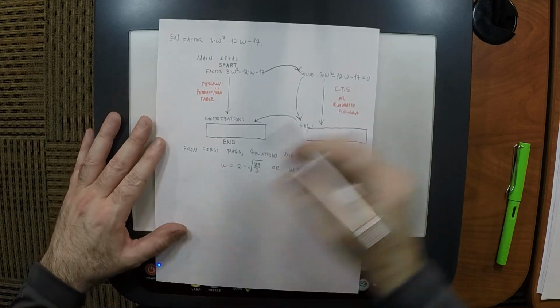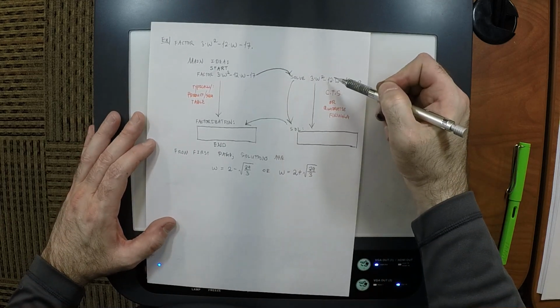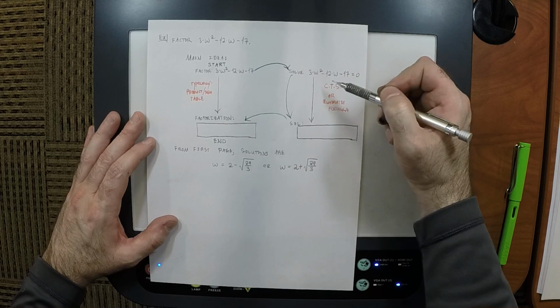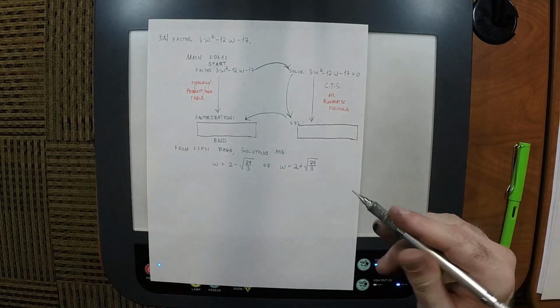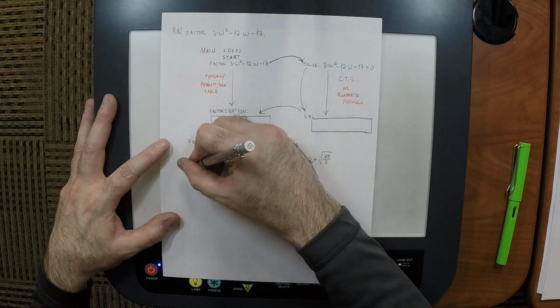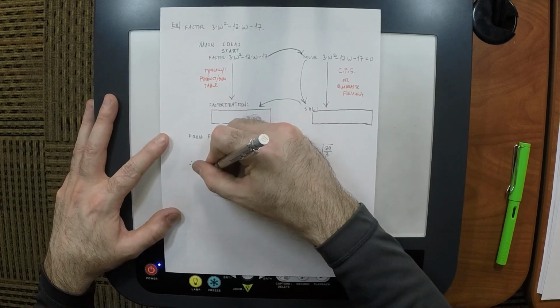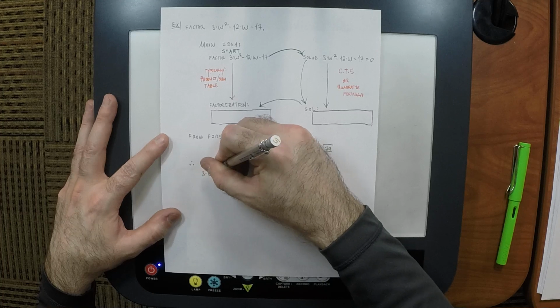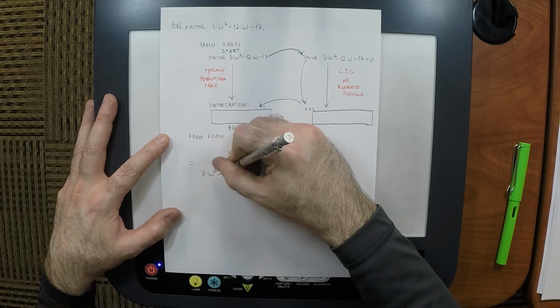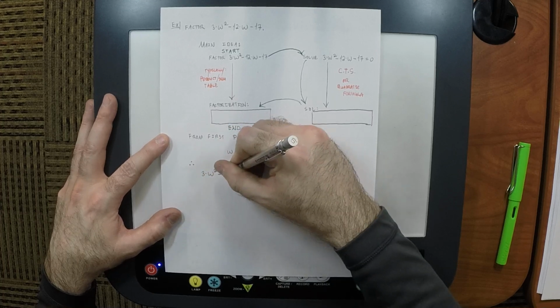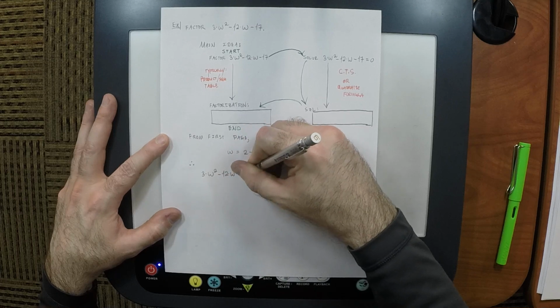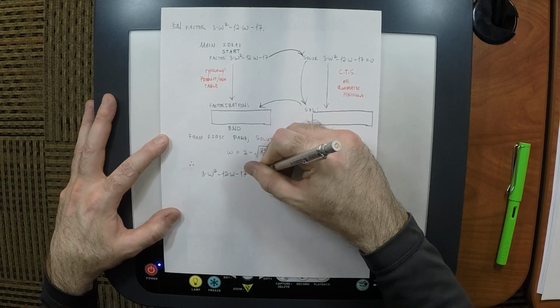So we know the solutions to that equation. And we can say, therefore, the factorization of 3w squared minus 12w minus 17 will look like this.